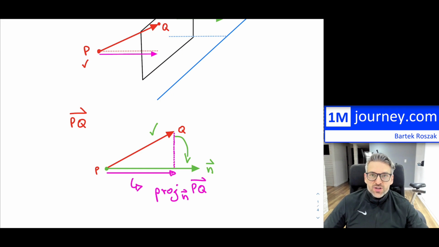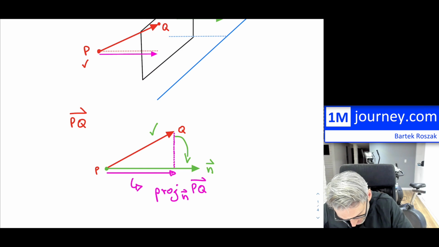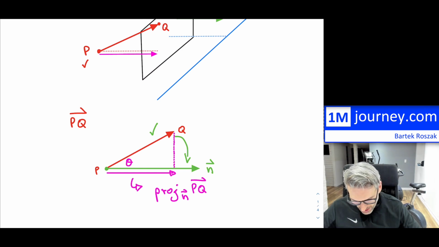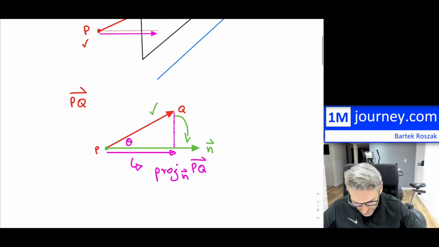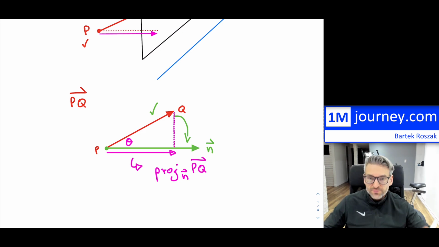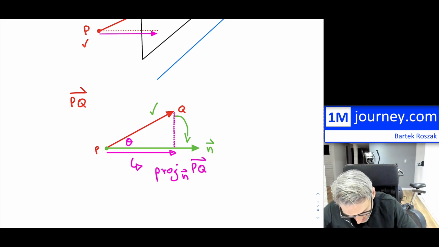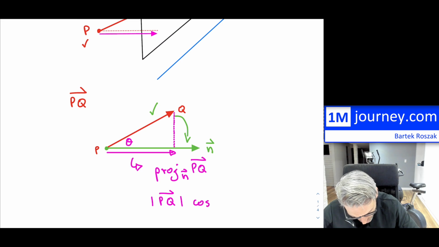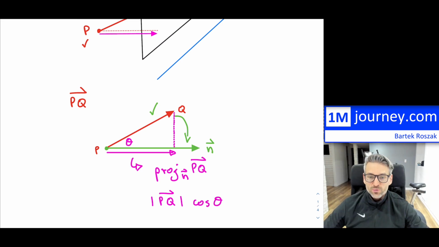But we've done projections, so I will put up a link above to projections if you've forgotten it. Now, what is the projection? Well, what did we need? We needed an angle here. If we knew what the angle was and we wanted to know what that projection would be, it is the magnitude of PQ multiplied by the cos of the angle in between.